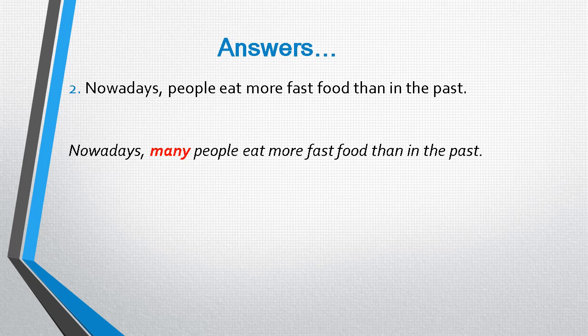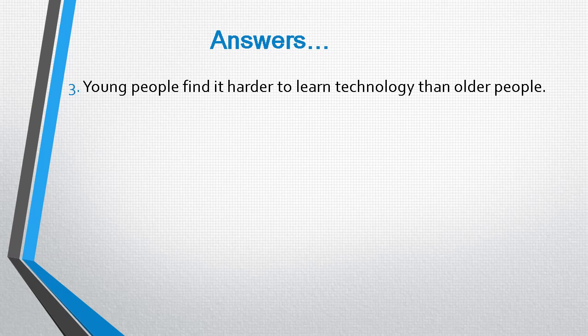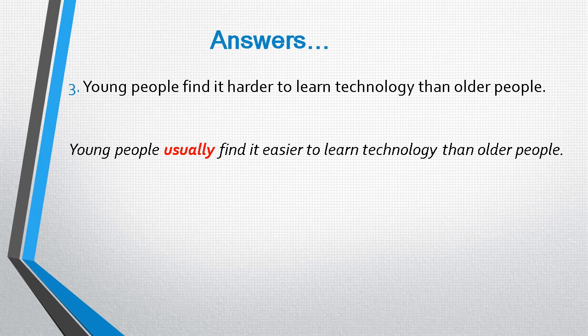So it therefore makes it more believable and it's likely to be more accurate. And for number 3, I've again added just the 1 word, and it now reads: young people usually find it easier to learn technology than older people.